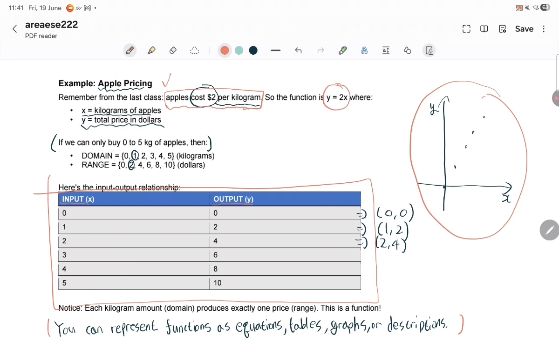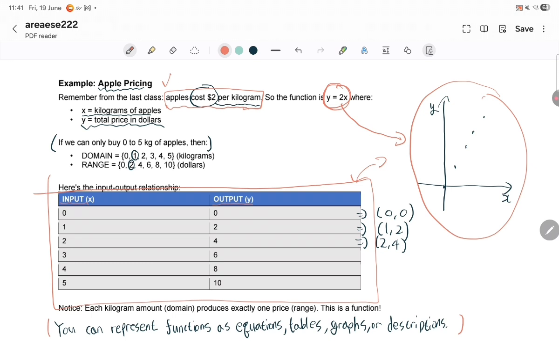If you know the equation, then you know how to plot it on this plane, with input and output. We are going to learn other ways to plot graphs only with equations, only with descriptions, or only with a table. That's our objective at this point.